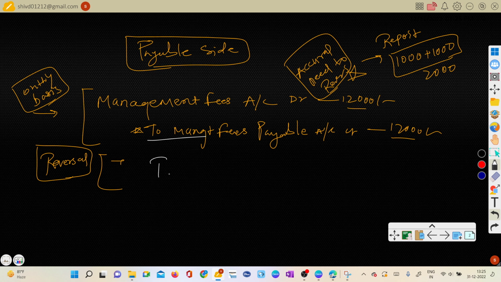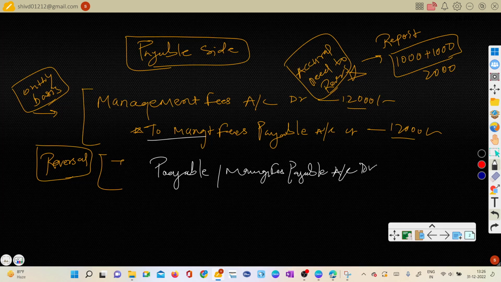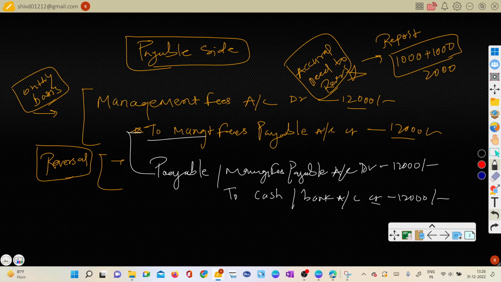So payable account debit to cash and bank account credit. So this will be automatically removed from the system.